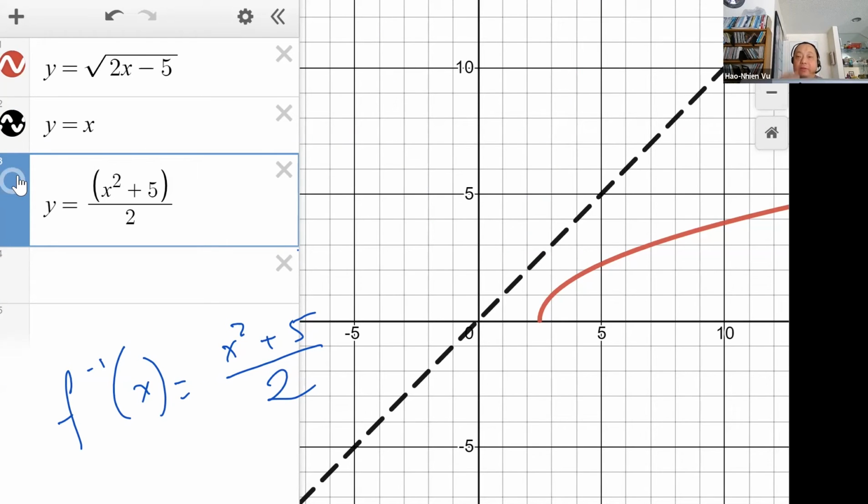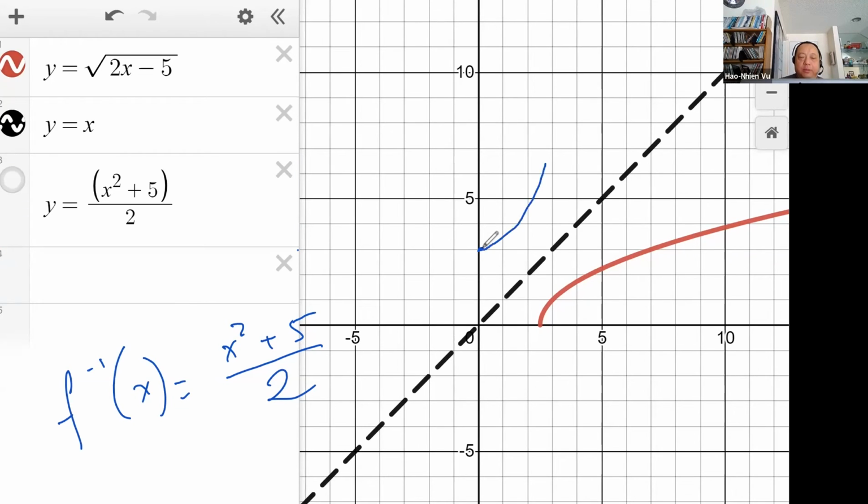So we cannot have that entire parabola as the inverse. We can only have whatever half parabola that is the mirror image of this. So we're only allowed to have that half, and that half only starts here at x equals 0.